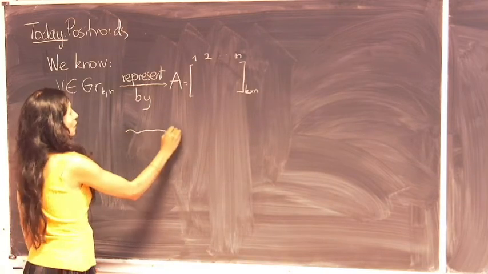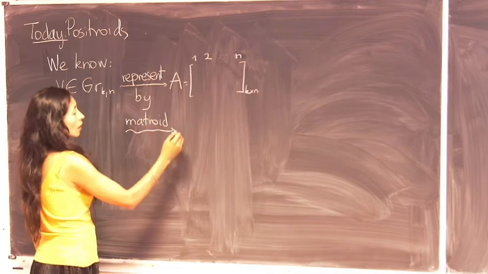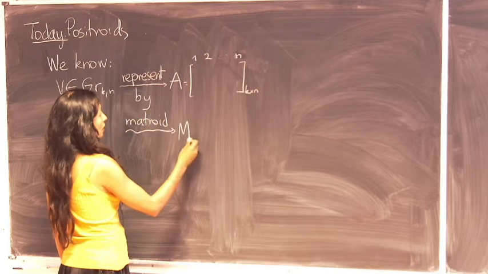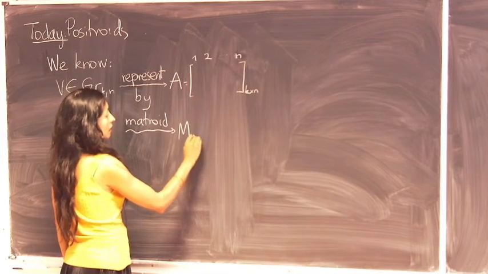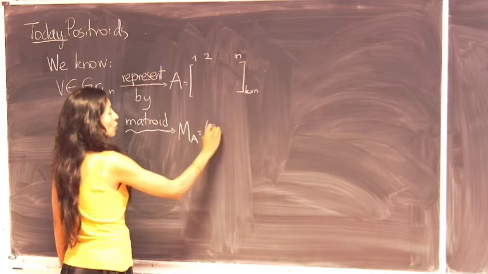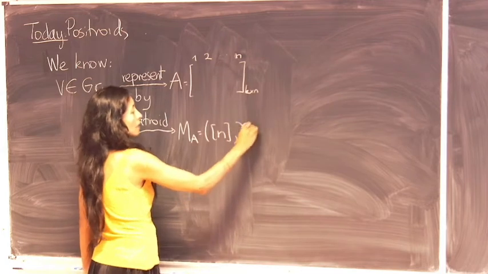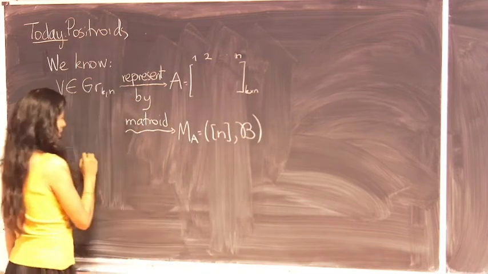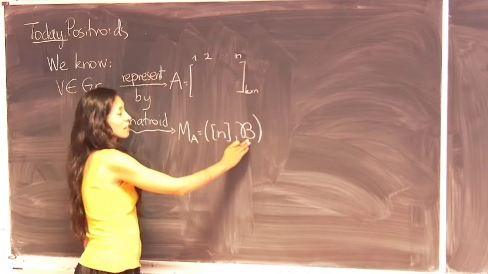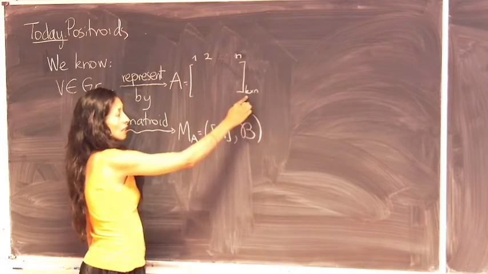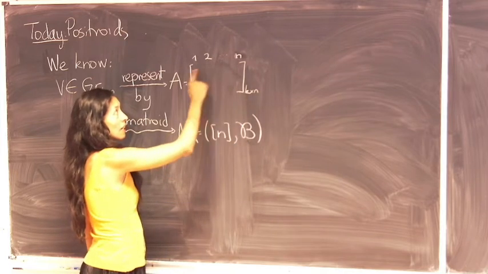This defines a matroid that we can denote either M_A or M_V. It is a matroid on the ground set [n], given by the set of columns, and the collection of bases, where a k-subset is an element of the collection if it is a basis for the column space.